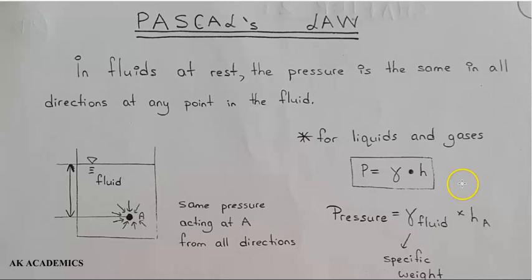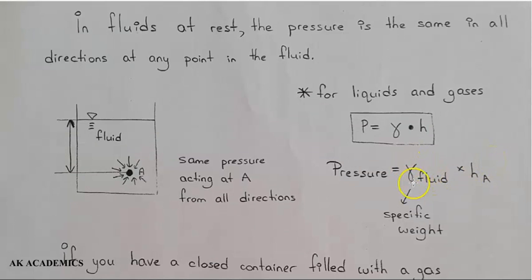For liquids and gases, we know our pressure is equal to specific weight multiplied by the height. This symbol represents specific weight, H represents the height. So if we are dealing with a fluid, we can say that this is the specific weight of the fluid multiplied by the height of A. It could be oil, it could be mercury, it could be water, it could be anything.